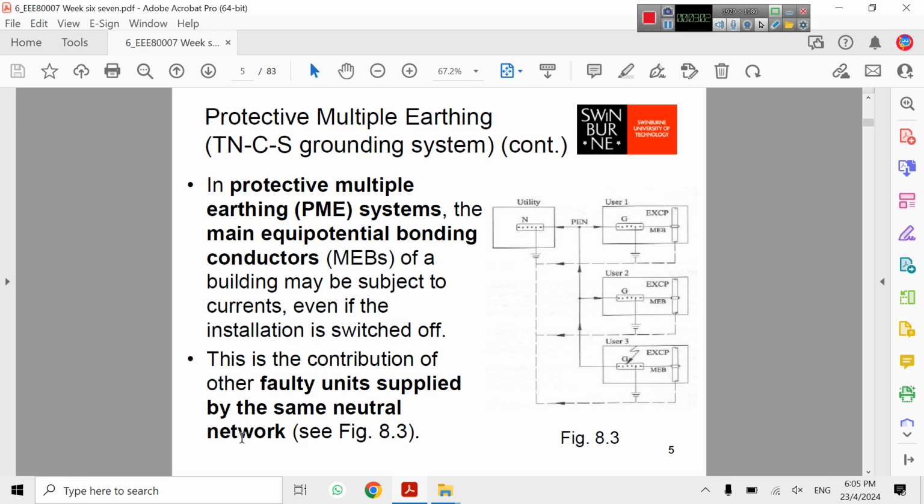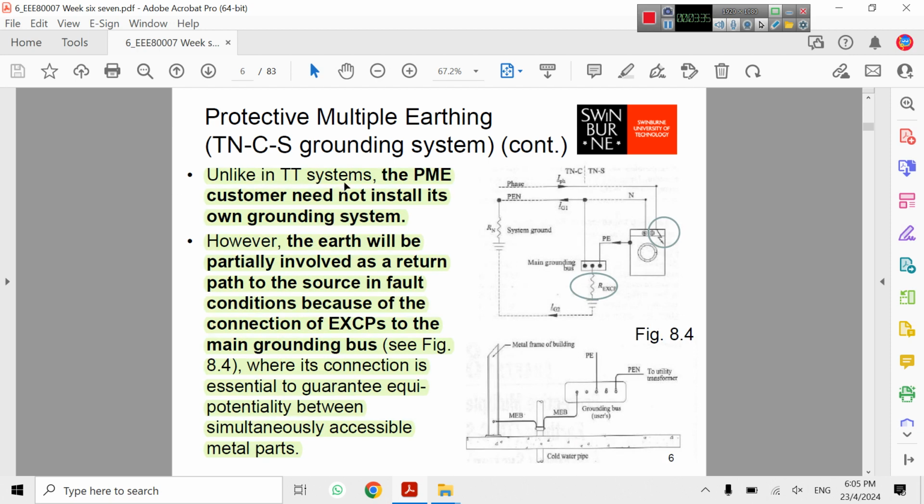As you can remember, in the class I discussed a figure about upstream and downstream of the TN system, and we showed that downstream the voltage is exactly the same as the faulty voltage point, but it reduces as we go back upstream toward the source.